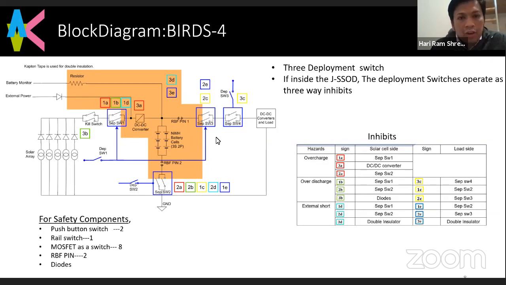So all these components and their functions should be tested, because we need to give a report to JAXA, and APS is also related to the safety purpose. So we need to make sure our system is working properly with safety.